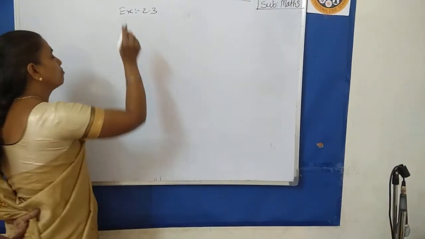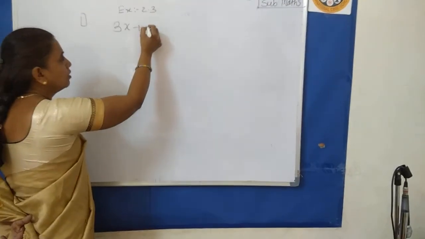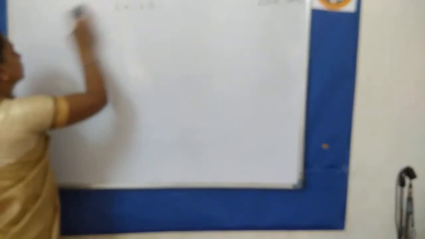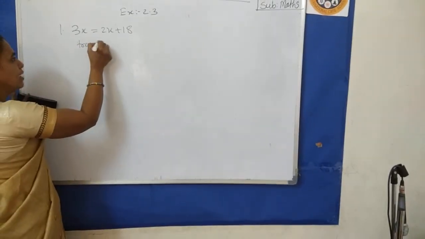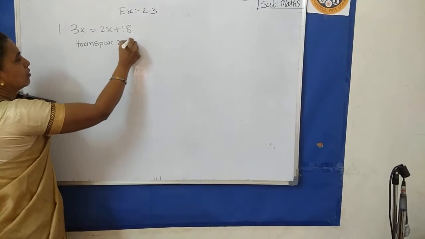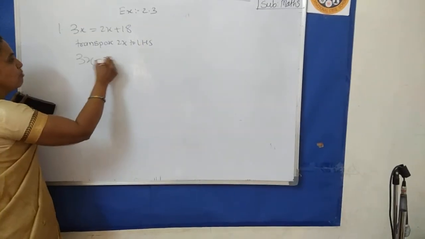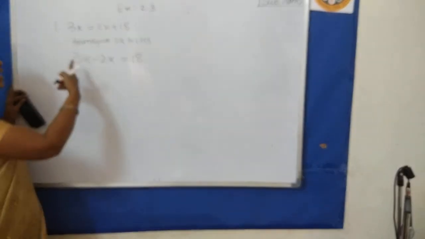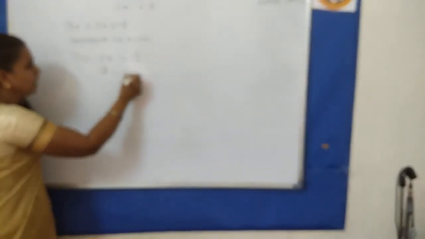First example, 3x is equal to 2x plus 18. See, transpose this 2x towards the left to LHS. It becomes 3x minus 2x is equal to 18. Now see carefully, 3x minus 2x, 3 minus 2, that is 1. So x is equal to 18 is the solution.